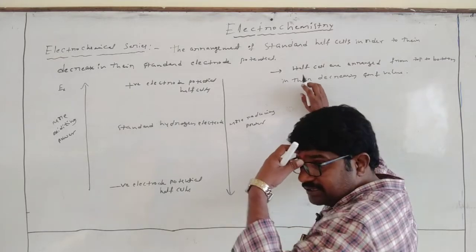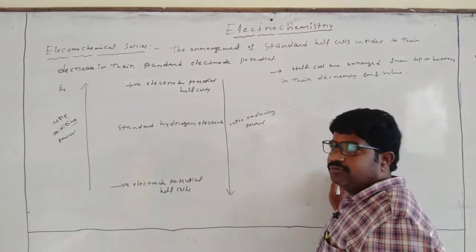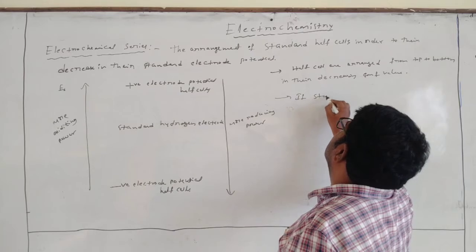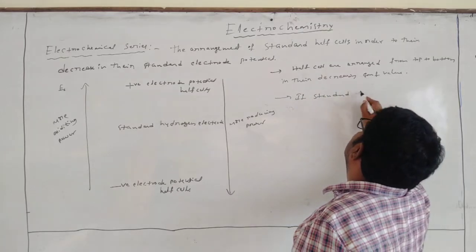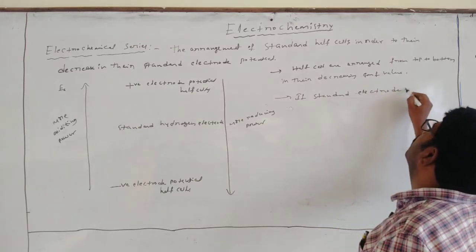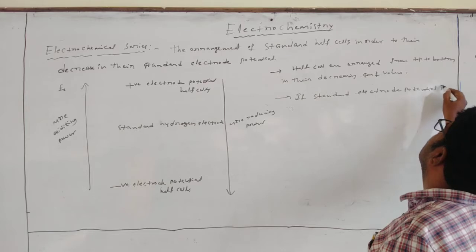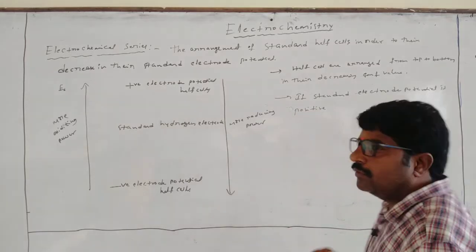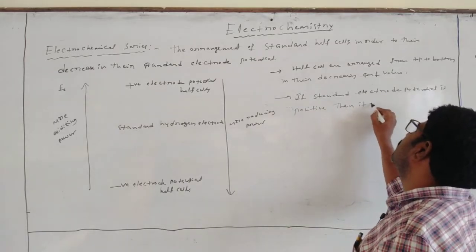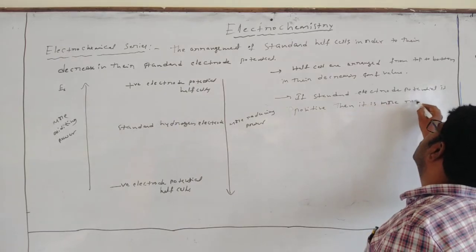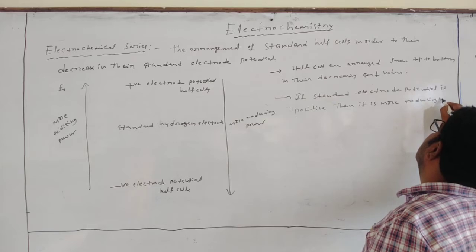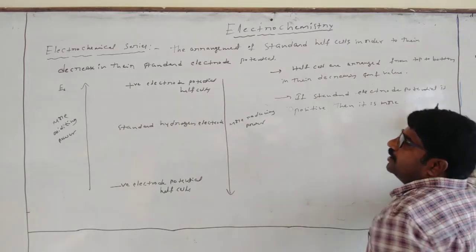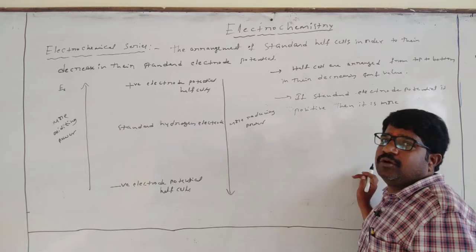If the standard electrode potential is positive, then it has more oxidizing power than hydrogen.